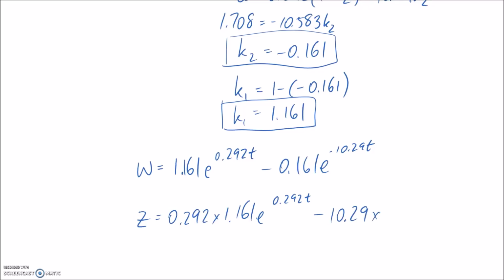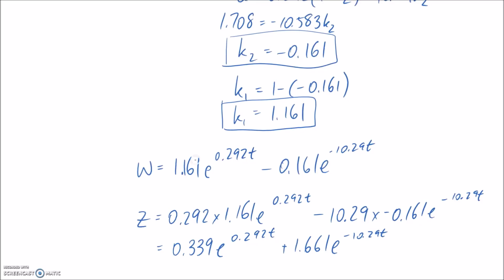We get this. So this simplifies down to 0.339, 292t. And this bit is 1.661 approximately.